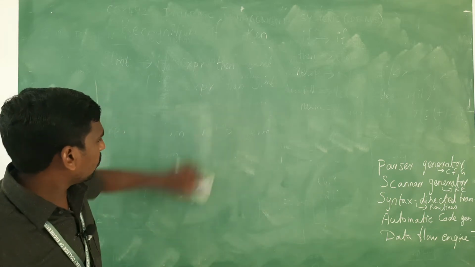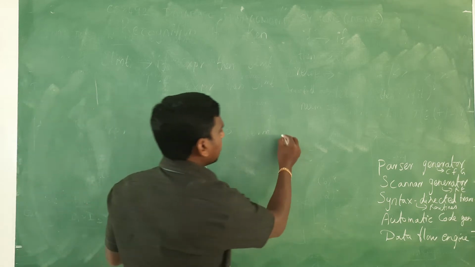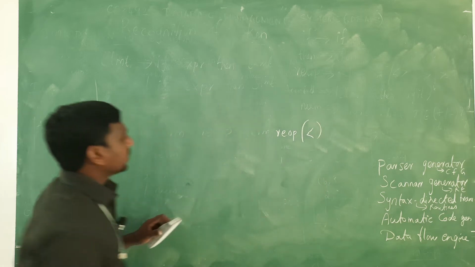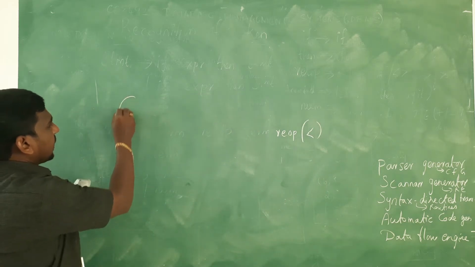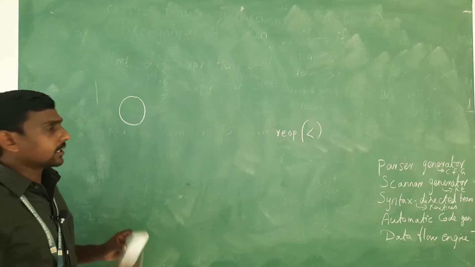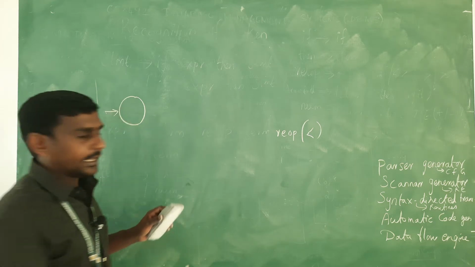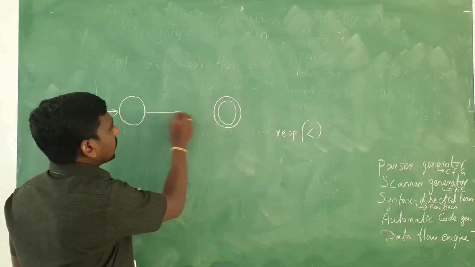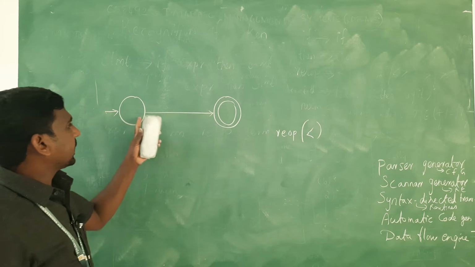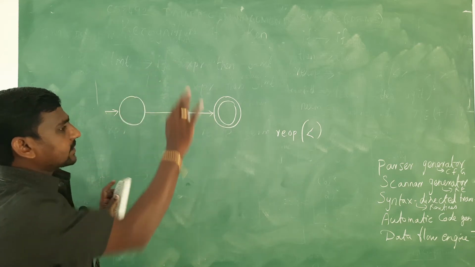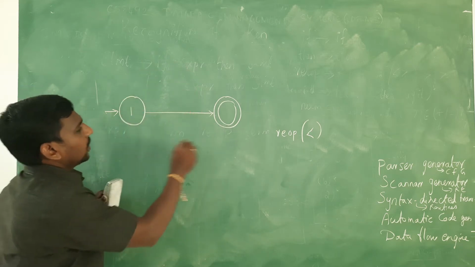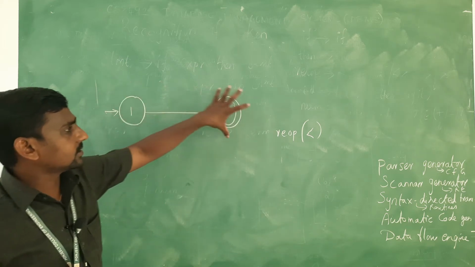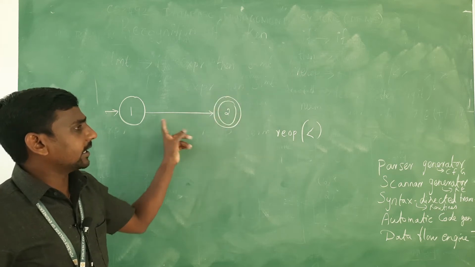In a transition diagram, the start state is denoted by a circle with one arrow, the accepting state is denoted by a double circle, and these are called edges connecting the states, which can be 1 or 2, or A or B.